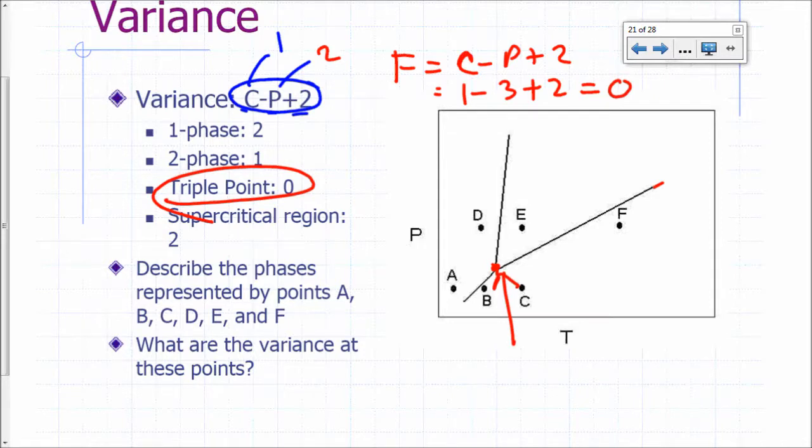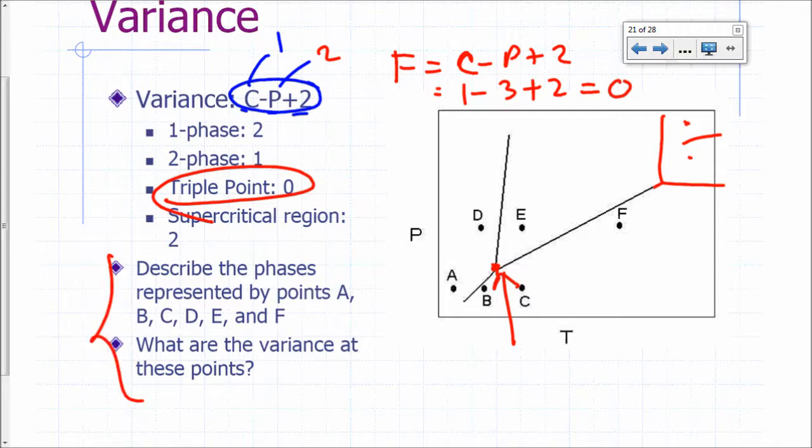You cannot specify what the temperature or pressure is. Nature tells you what that is. It's characteristic of the substance. In the supercritical region, that's a single phase, so you would also need to specify the pressure and the temperature.